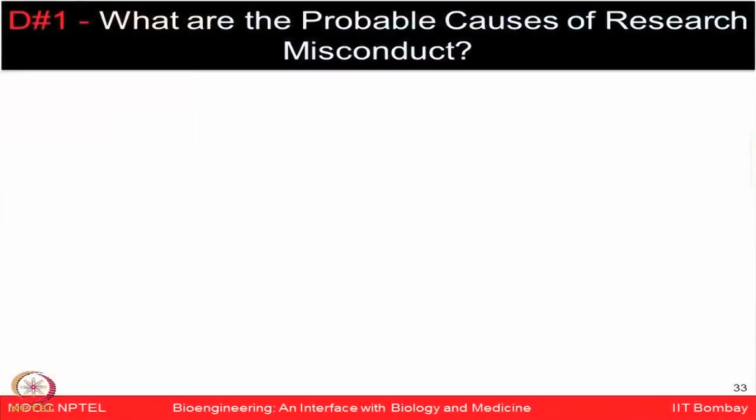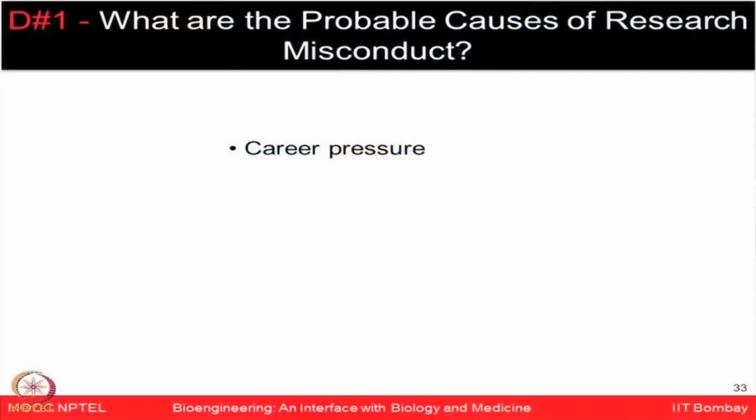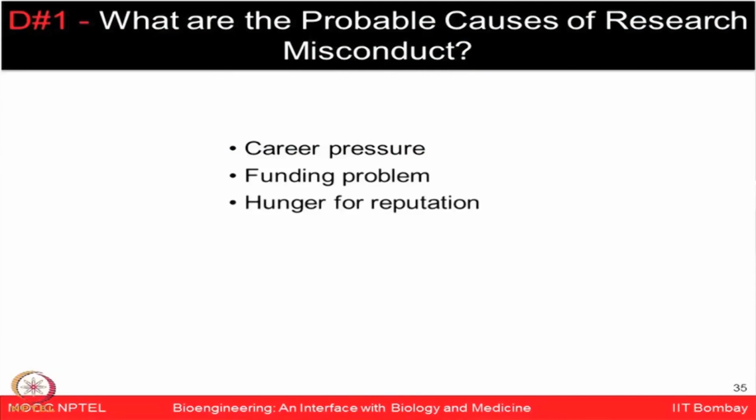But the main question is, what is the probable cause of research misconduct? Is it career pressure or looking for more funding opportunities? Sometimes there is a hunger for reputation. It is very easy to fake than make.